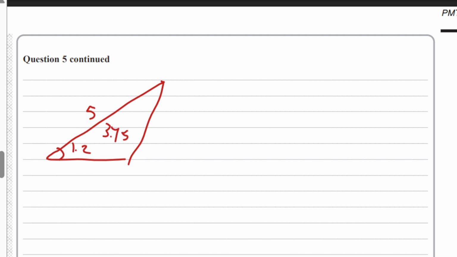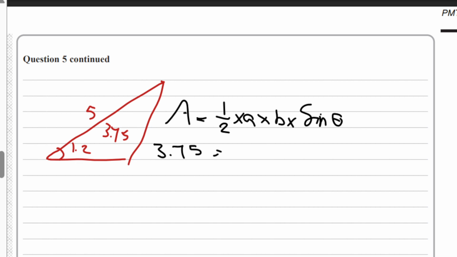We know the area is equal to a half times A times B times sine theta, right? So now let's substitute here. The area 3.75 is equal to a half times A. Let's say A is 5, times B, which we don't know, times sine theta, which is 1.2.